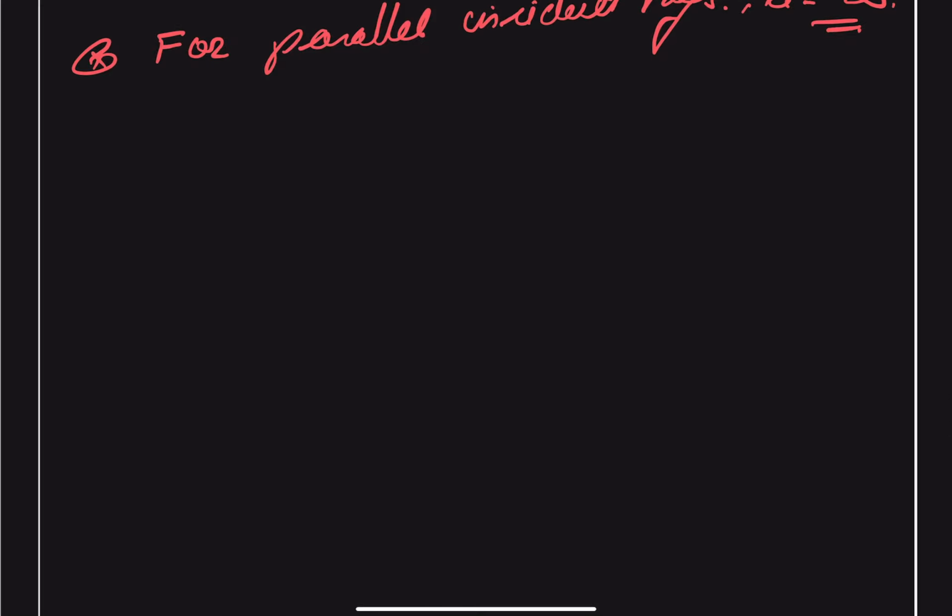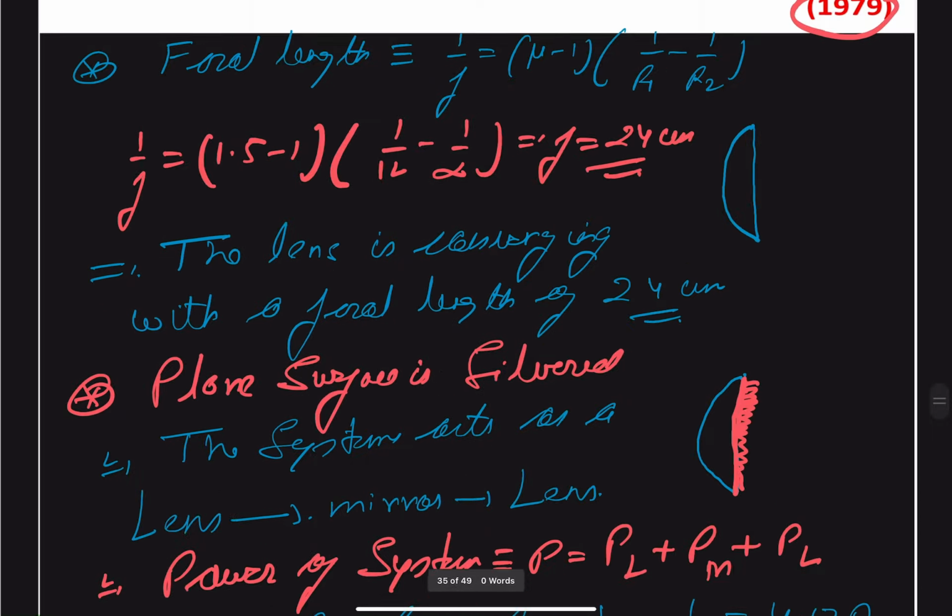Okay. So therefore we can write 1 upon v plus 1 upon u is equal to 1 upon f, and this gives us 1 upon v is equal to minus 1 upon 12, giving us that v is equal to minus 12 centimeters.